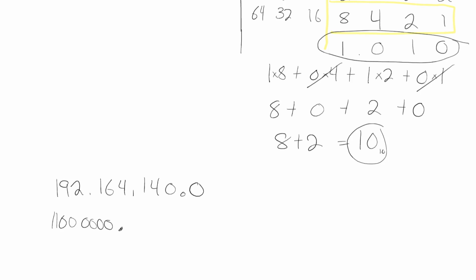Okay, so the value that I'm going to get there is going to be 10100100. I'm going to also convert 140 to binary using the Windows calculator. You just need to make sure you switch it to programming mode in order to use the Windows calculator. So for this one, I'm going to get 10001100. And then for the digit 0, that's a nice easy conversion.